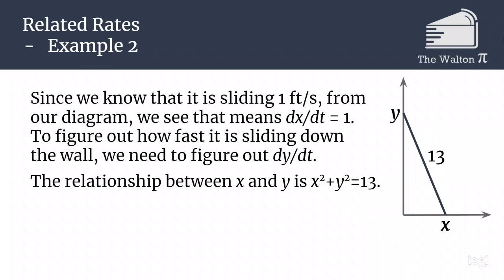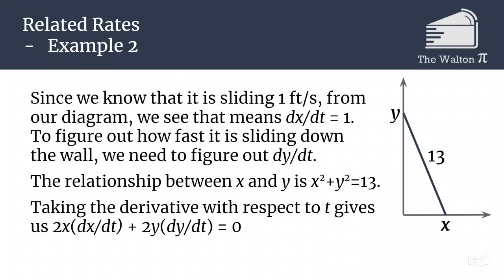So a relationship that can relate these is using the Pythagorean theorem. We know that x squared plus y squared is equal to 13 squared. So if we want to use that to help us solve the problem, we're going to take the derivative with respect to t.